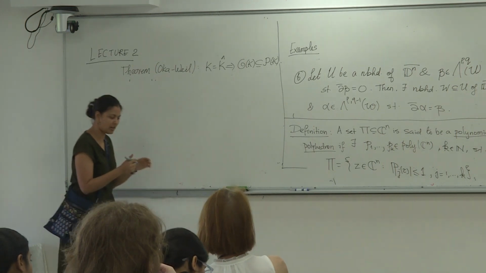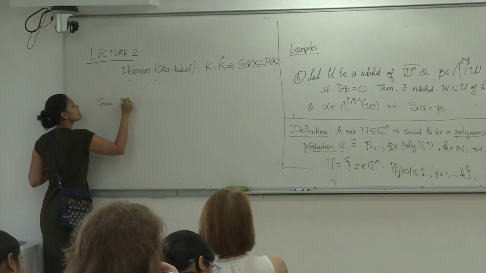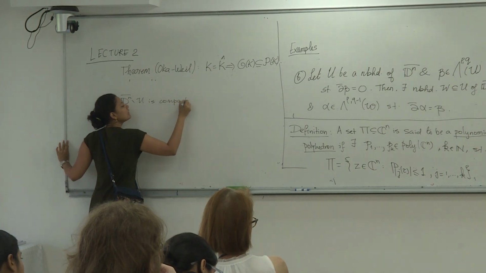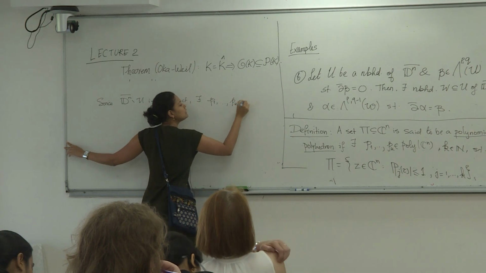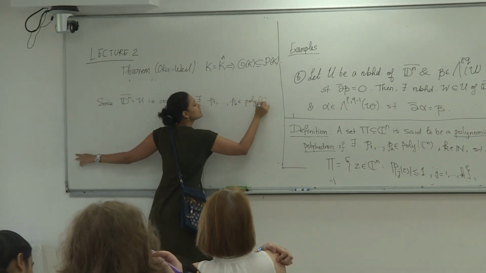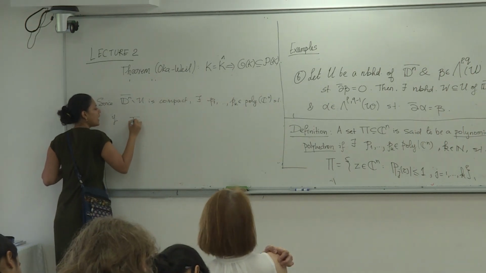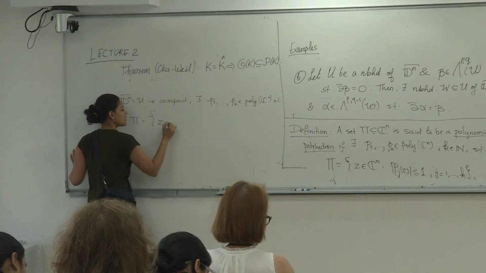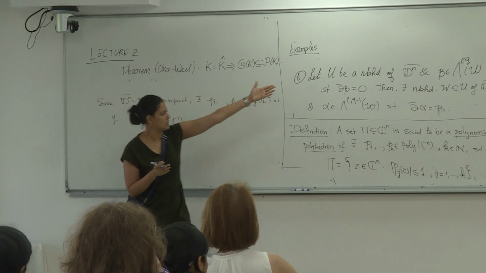Please interrupt me if there are any questions. So since this set is compact, there exist k polynomials such that if I set Pi to be equal to this, what I'll do is make sure that this object actually lies inside the polydisk.